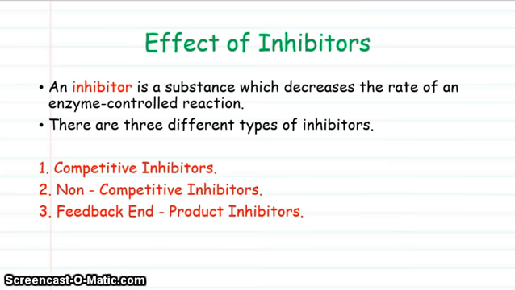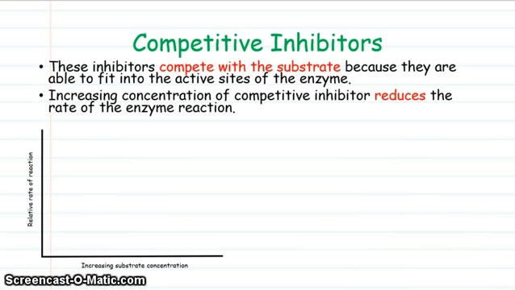If we now have a look at the effect of inhibitors, these decrease the rate of enzyme-controlled reactions. There are three different types: competitive, non-competitive, and feedback end product inhibitors. Now, if we look at competitive inhibitors to begin with, these compete with the substrate itself for the active sites of the enzyme.